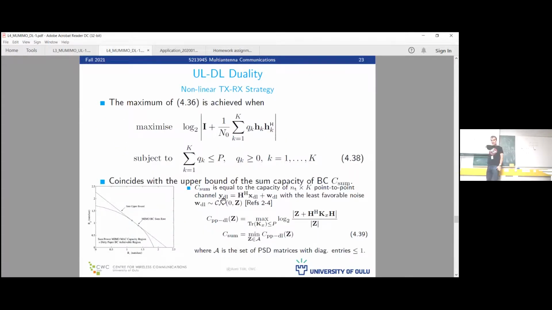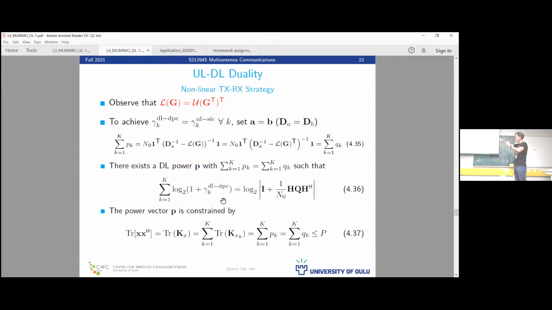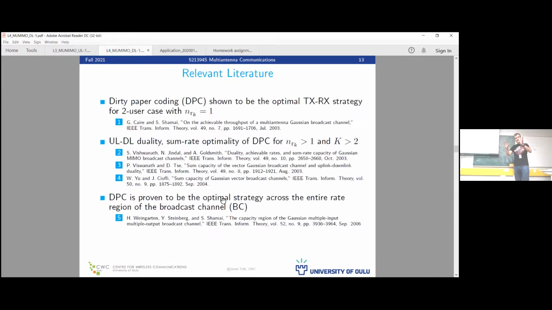Well, we haven't proven the optimality here. The gist is that in the first steps, for example, these guys came up with the idea of using DPC because of this duality. And then they first saw that it's sum rate optimal using this Sato bound and other arguments, I don't remember. Before that, people didn't talk about the broadcast rate region or the capacity of the broadcast channel, but the capacity of the DPC, right?